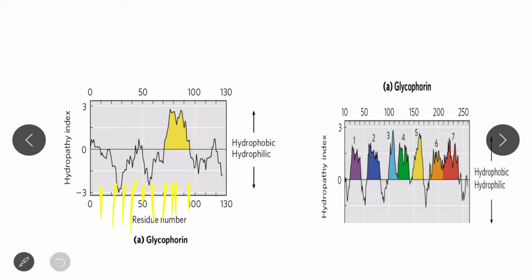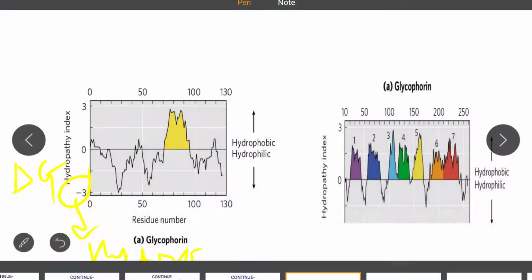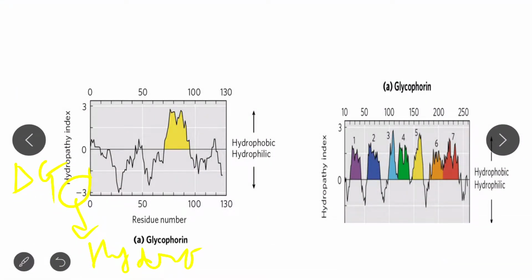Now see this region, as I already mentioned, this is del G. I already mentioned that a negative del G value means no energy is required, which means this is the hydrophilic portion. Sorry, this is the hydrophilic region.